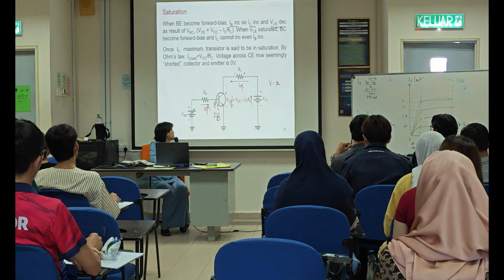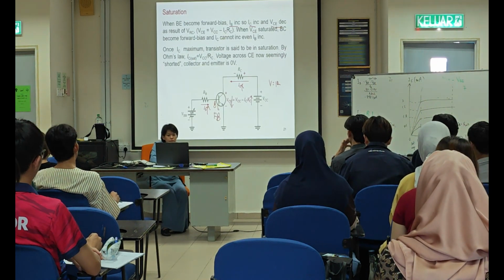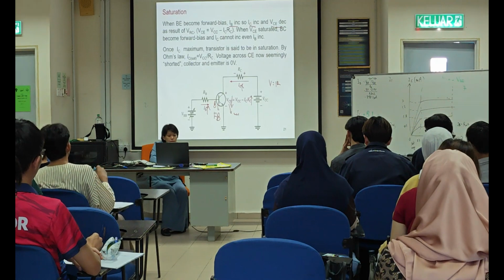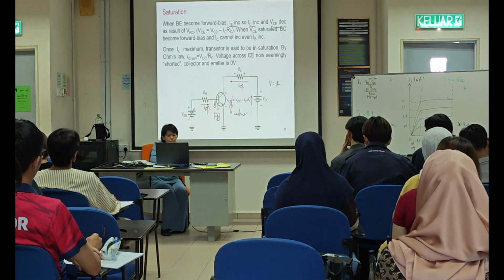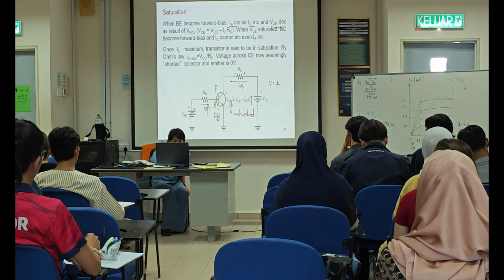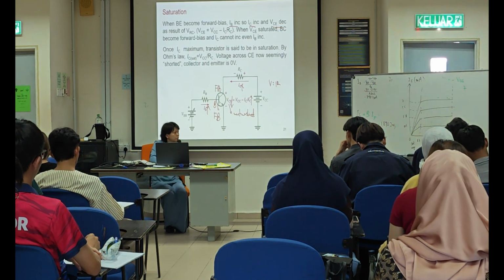Do you see? Understand? So when your VCE is saturated, the base collector junction will become forward biased. So this IC cannot increase, even if the IB is increased.